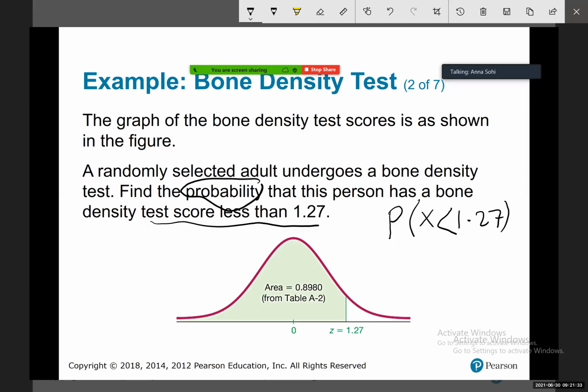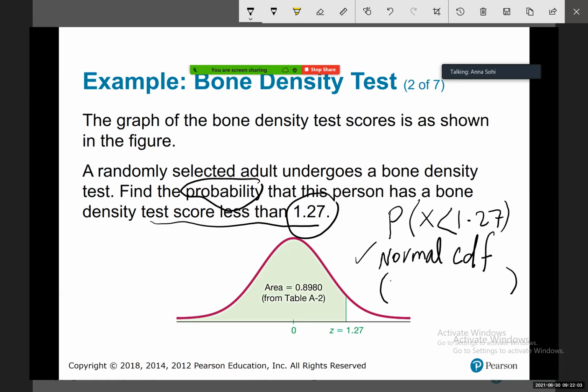To find this probability, when X or Z is given and you want to find the probability, this is going to be the same calculator command you also use for the next section. You're going to use normal CDF. Normal CDF is our friend for chapter 6.